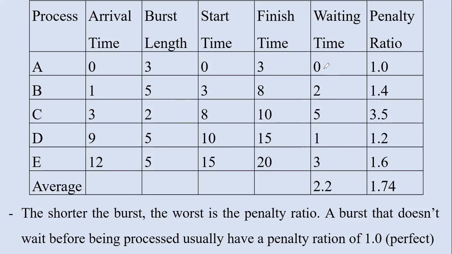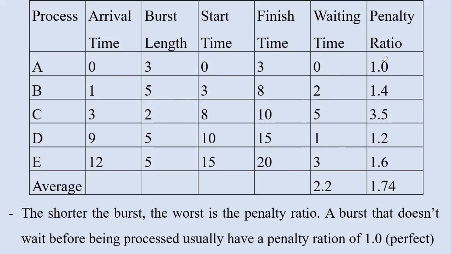That is 0, 2, 7, 8, 11. So 11 divided by 5. That will give 2.2.